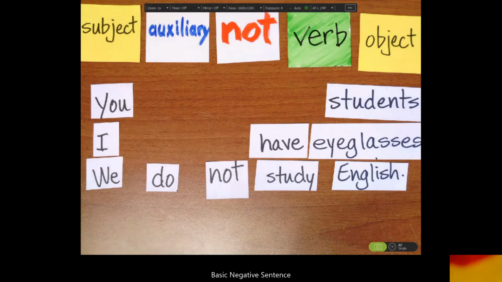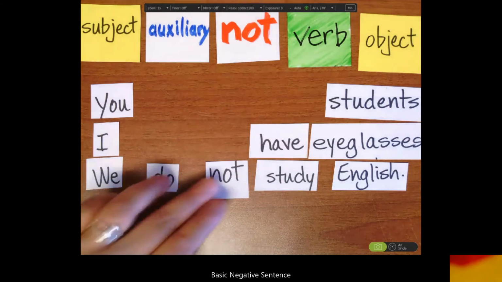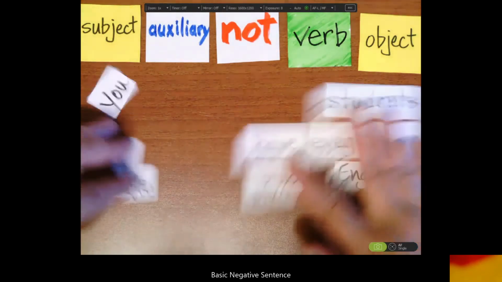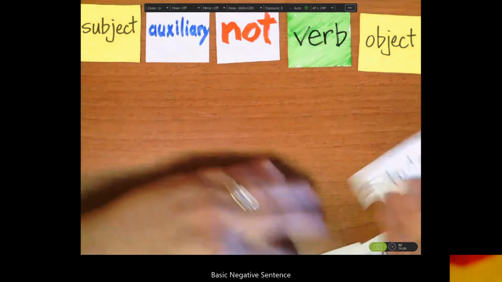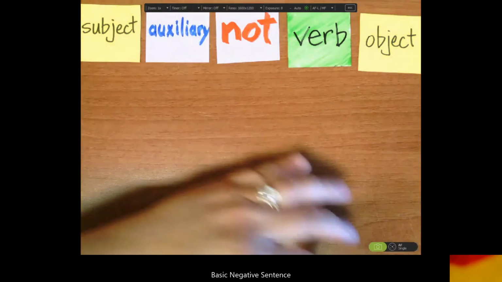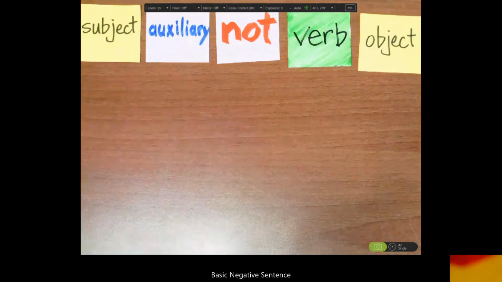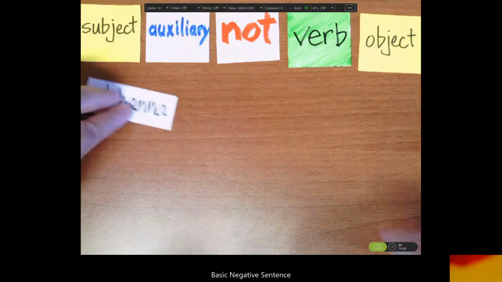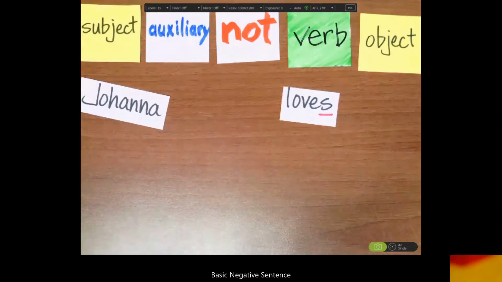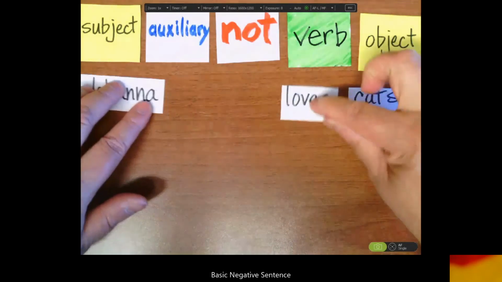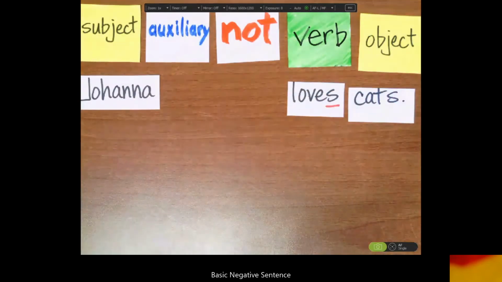But what happens when we have a subject that is he, she, or it? And in present, we have an S on the verb. Well, this is what happens.